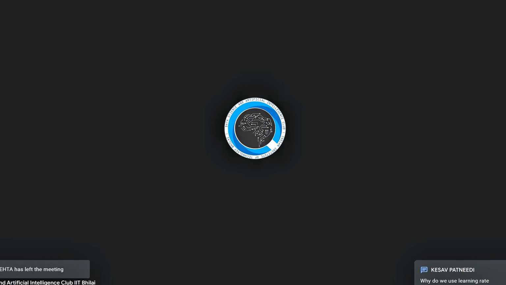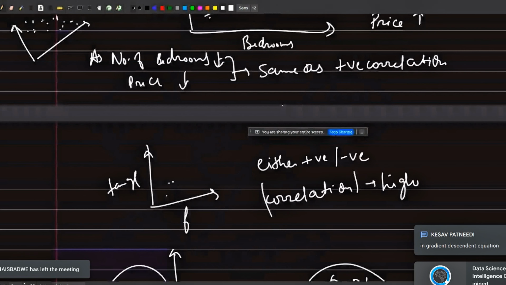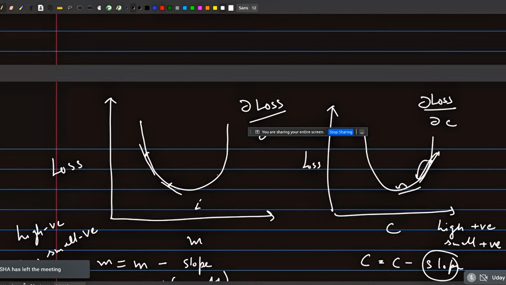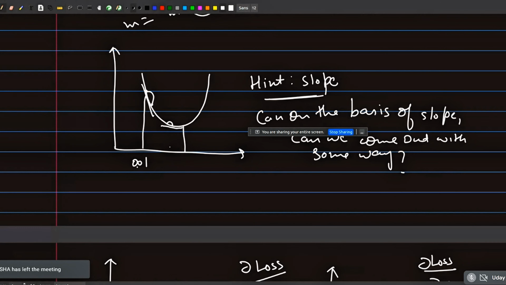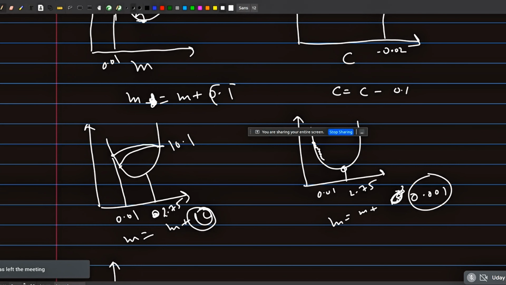Why do we use learning rate? Okay. So I told you that in slope also, if the slope is very high, first it is here, then it can go here.